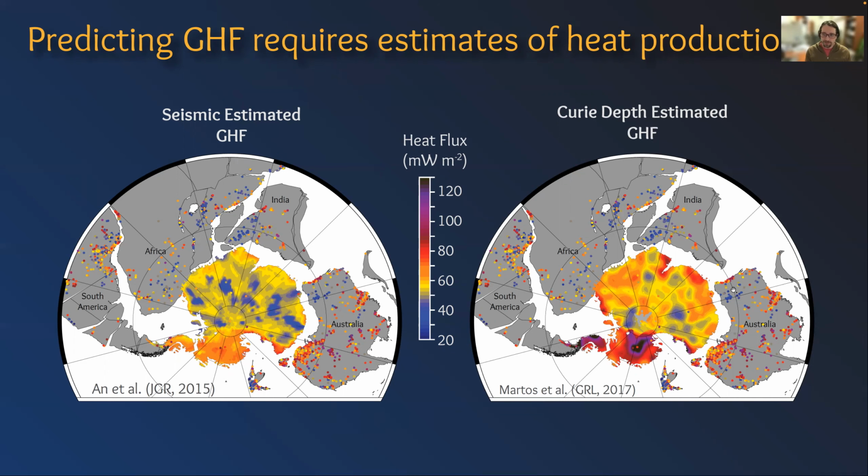To first glance, if you try and compare this with heat flow of conjugate terrains, so that's heat flow of terrains that were once contiguous with Antarctica, you'll notice that there's not a great correlation between the highs and lows as you cross these boundaries. And that may partly be due to the fact that many of these continents separated from Antarctica more than 100 million years ago. That's a lot of time in between.